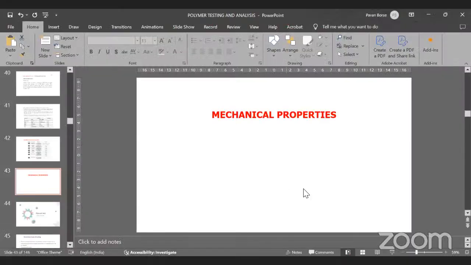So next is mechanical properties of polymeric material. What kinds of mechanical properties do you know till now? Have you seen any mechanical properties of polymer or plastic? Heat deflection is nothing but a thermal property.